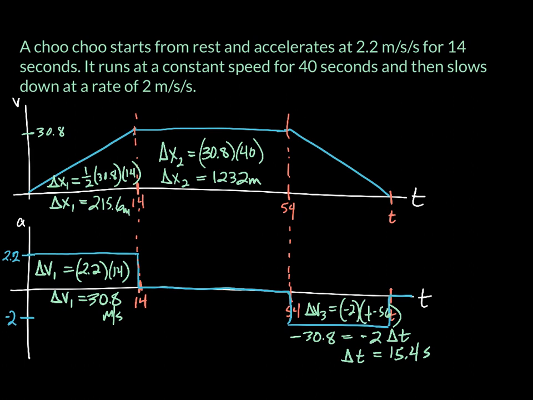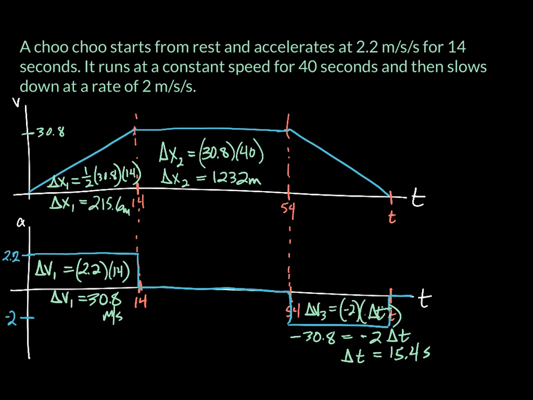Wait, I'm sorry, I don't understand how you got t minus 50. The t minus 56? Oh, I said 54. I'm sorry. In fact, I'm just going to switch it to delta t. It would be t minus 54, not 56.